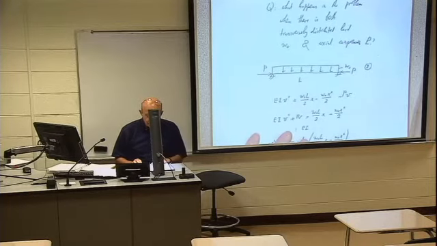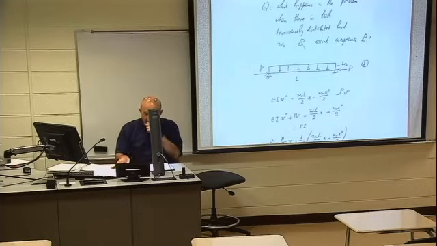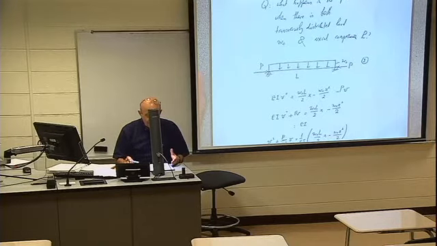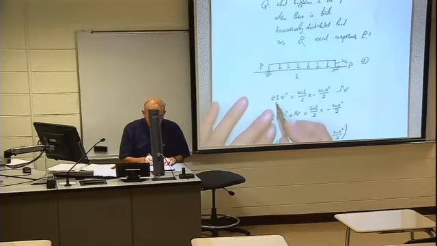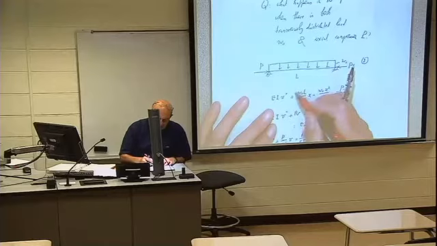Then we have to write the expression. Again, we have this differential equation: EI V double prime equals the bending moment.